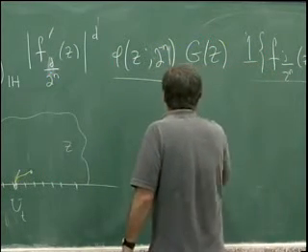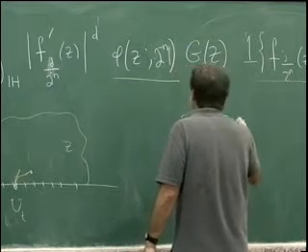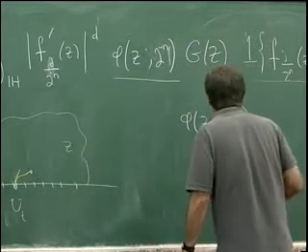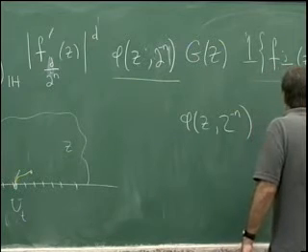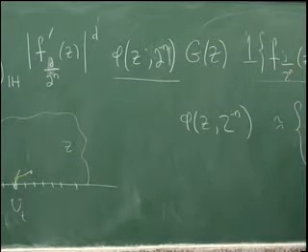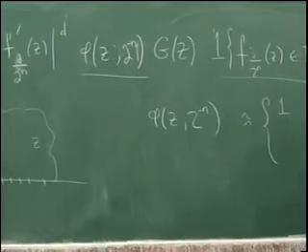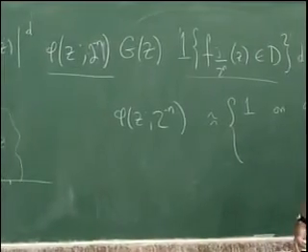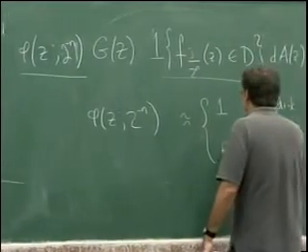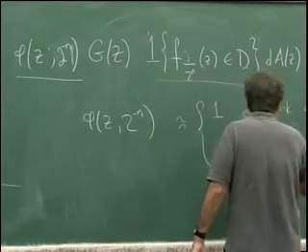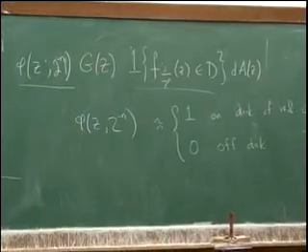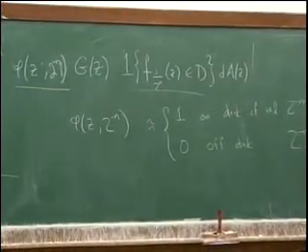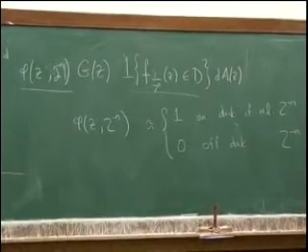So roughly speaking, this is kind of like 1 on a disk of radius 2 to the minus n, and 0 off the disk. This is not exactly right, but let's just think about that for the time being. It doesn't blow up; phi gets no bigger than 1.